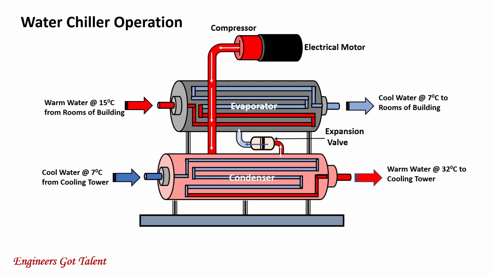This chilled water will be pumped towards the cooling coils of the air handling unit. When the refrigerant starts to absorb or pick up heat at the evaporator, the refrigerant boils immediately because it has a low boiling point. The refrigerant boils and evaporates from liquid to vapor, thus the name evaporator. Refrigerant 134A boils at minus 23 degrees Celsius.